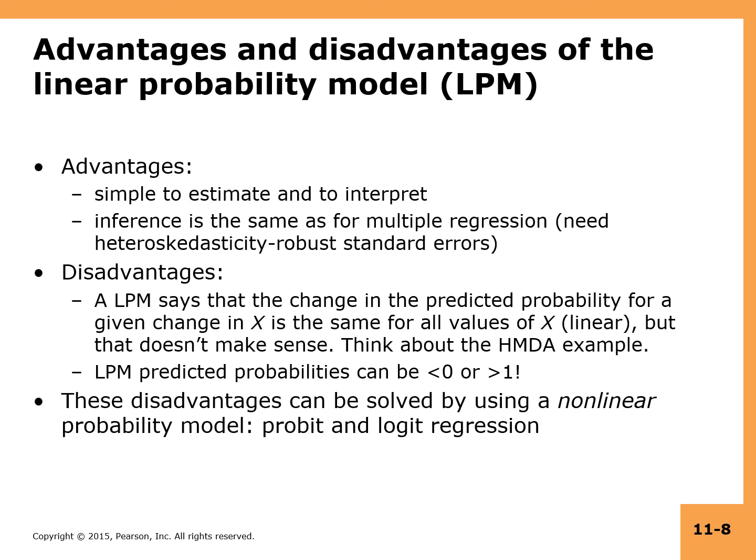So there are several advantages and disadvantages of using the linear probability model. Some of the advantages of the linear probability model is that it's really easy to estimate and interpret. And also the inference is the same as for multiple linear regression.